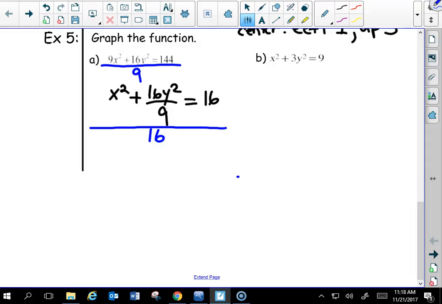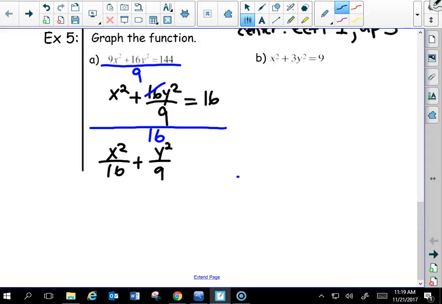So what that does is it moves the division of 16 over to the x squared. And then the 16 cancels next to y squared, and I'm just left with y squared over 9.